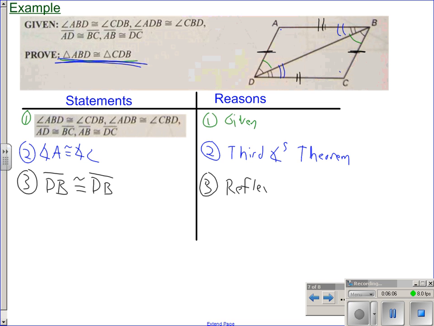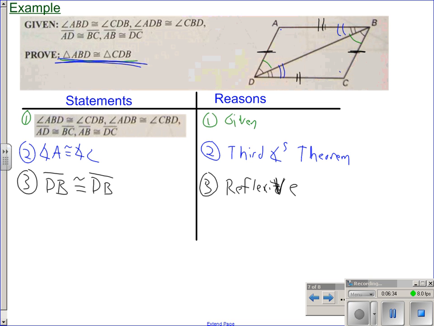It is one segment, but again, it's in the context of two different figures, and so we have to say it's congruent in both figures. So that's the reflexive property. It's the first time we've actually used it when we really needed it. We've got three pairs of angles congruent. We've got three pairs of corresponding sides congruent.